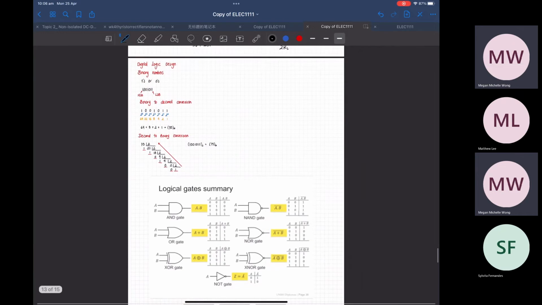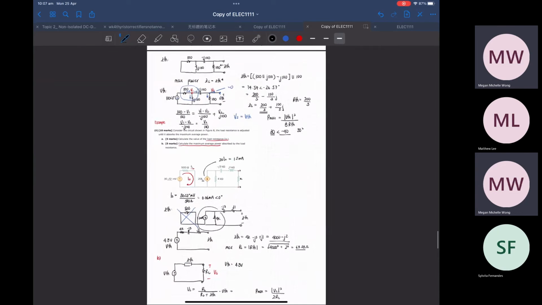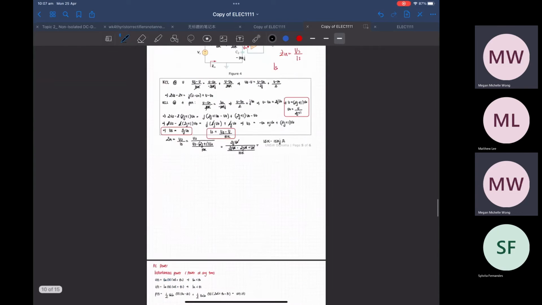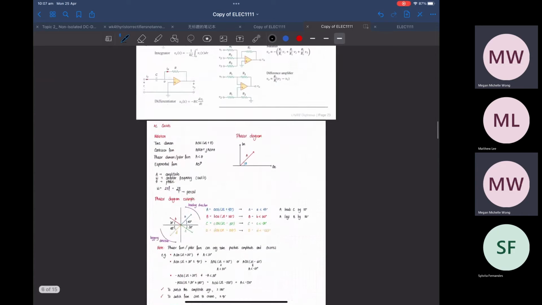This document actually includes digital design, but I think they got rid of the content. So I don't have more examples to go through unless you guys have anything special that you want me to go through. I think I left one of the questions up there, but I didn't solve it.